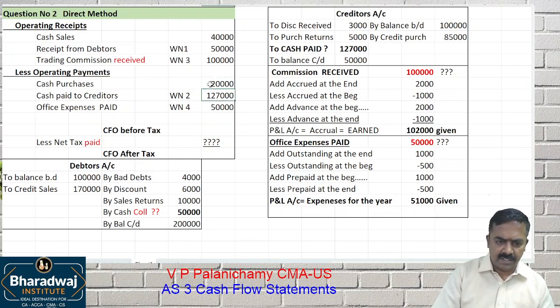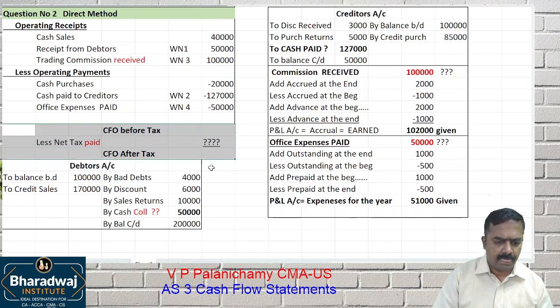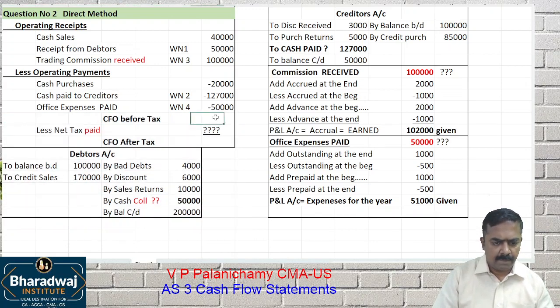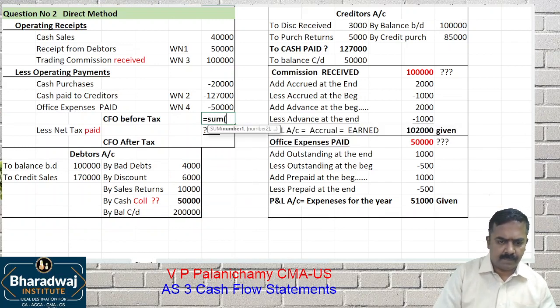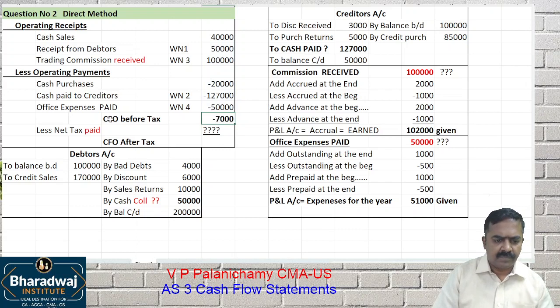So cash purchases 20,000. Paid to creditors 1,27,000. Office expenses paid how much? 50,000. This will give us CFO before tax. This is not cash from operation, it is cash outflow, minus 7,000.